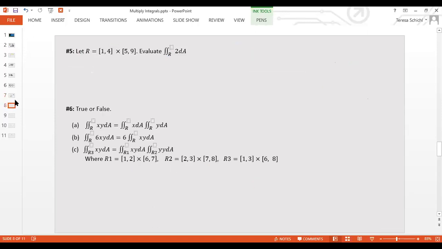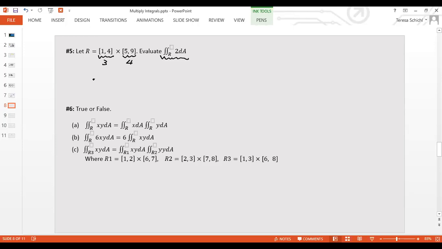Then let's take a look at number 5 here. Let R be from (1,4) to (5,9). Evaluate this integral of 2 dA. I'm trying to find the volume under this function, which is just a fixed height equal to 2. What is the length here? This is 3. What is the length here? This is 4.